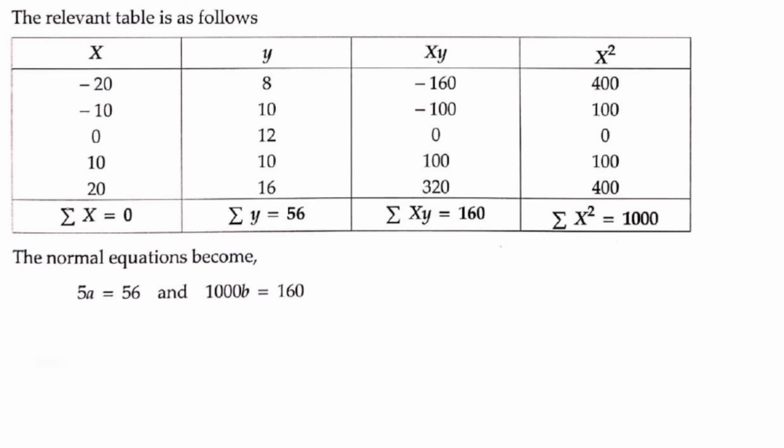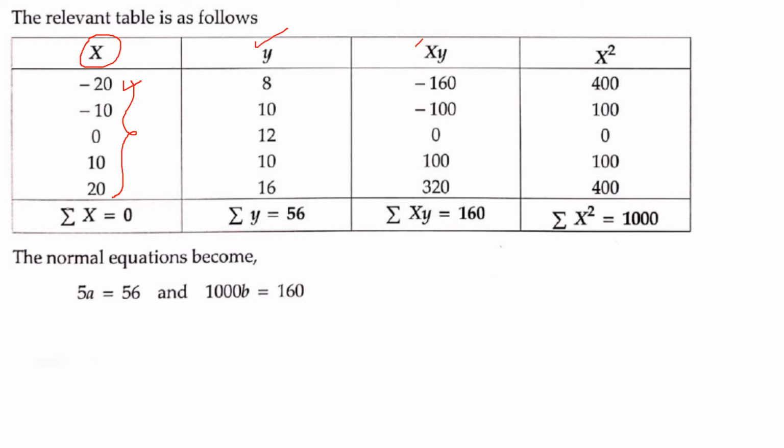As we discussed, we write all the values of capital X by subtracting the middle value from small x. If we do, we get all these values. You can check, and the values of small y are as given in the question.